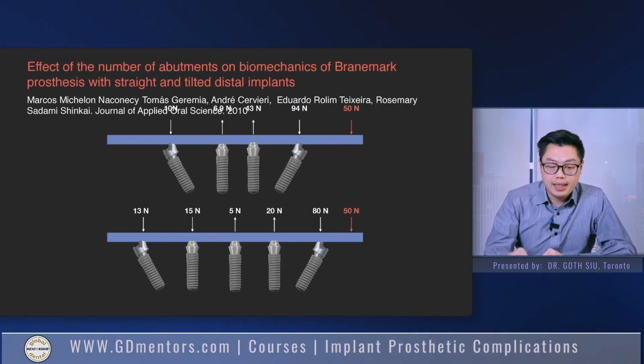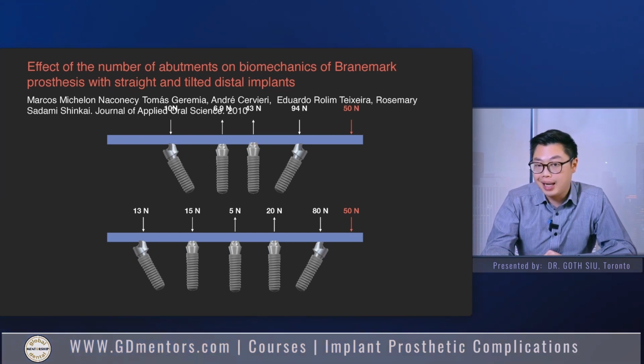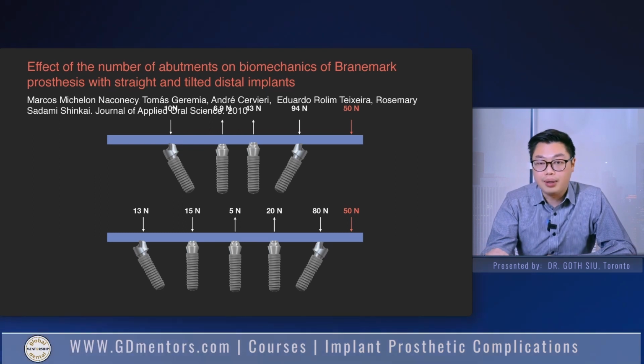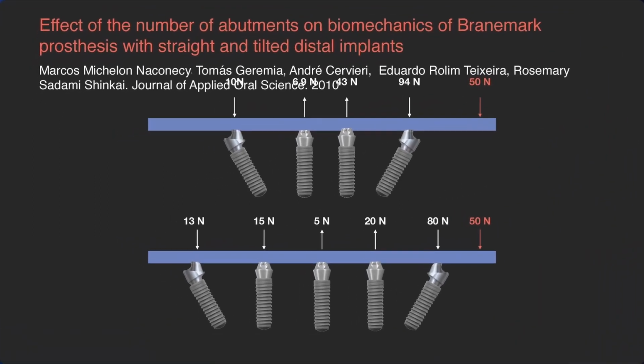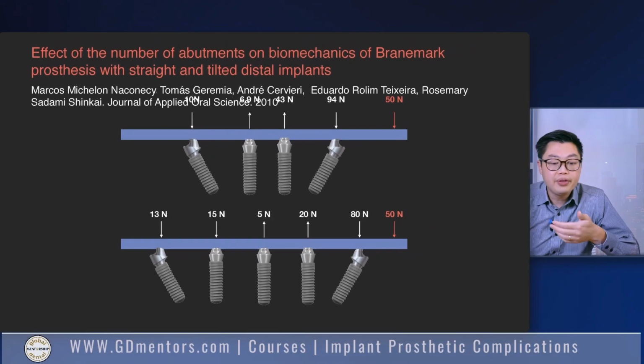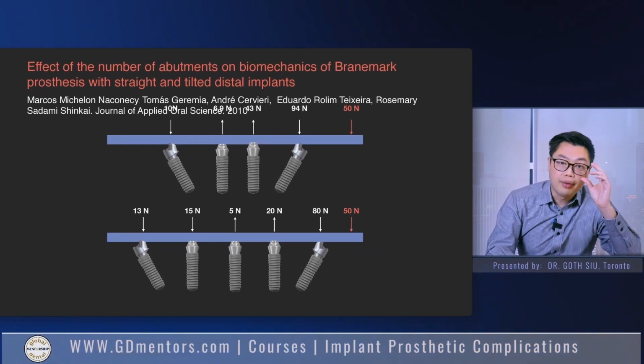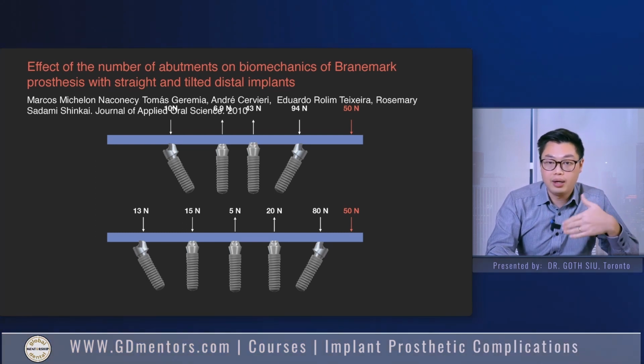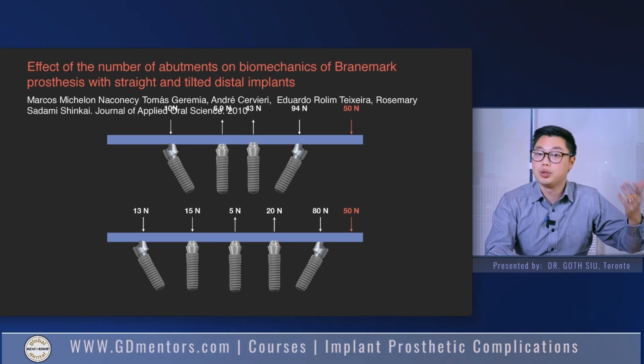If you look at this study, they're explaining that when the patient is biting in the posterior area in the cantilever region, the implant most adjacent to that biting area takes the most downward force, and the most anterior implant actually gets some upward force. If there's a fifth implant, the most anterior middle implant does very little work, almost nothing.